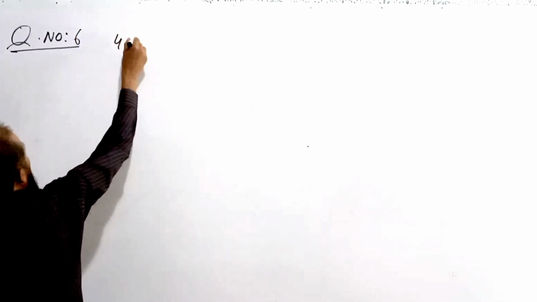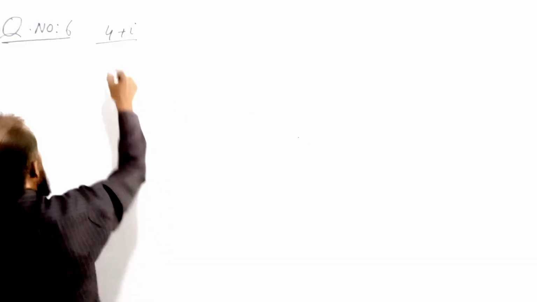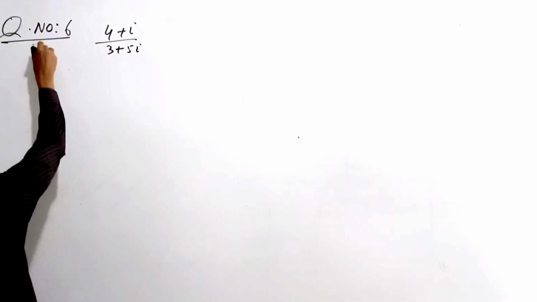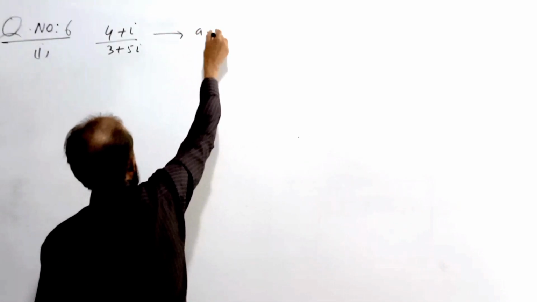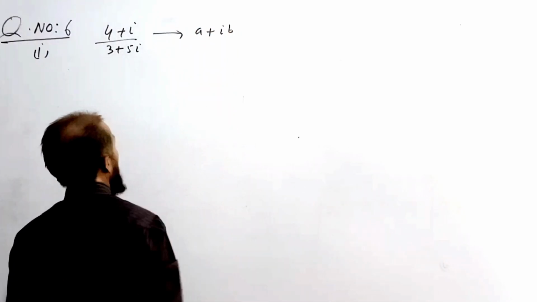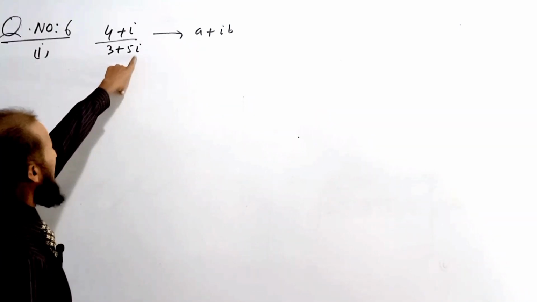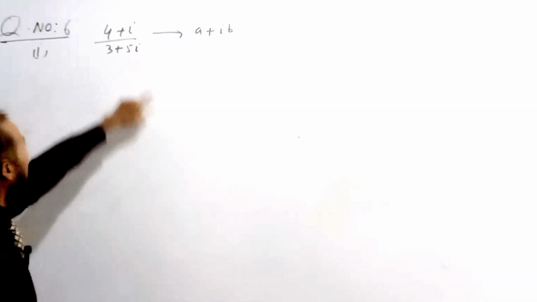Question number 6, part 1: 4 plus iota over 3 plus 5 iota. We change it into the form a plus iota b. Now look here, in the denominator a complex number is coming, so we want to remove this term.